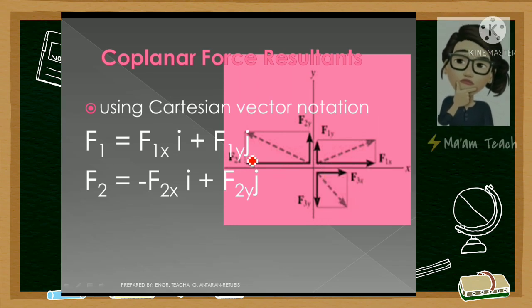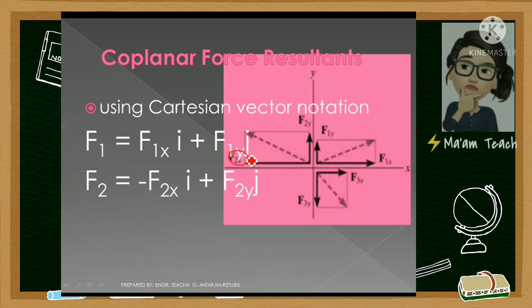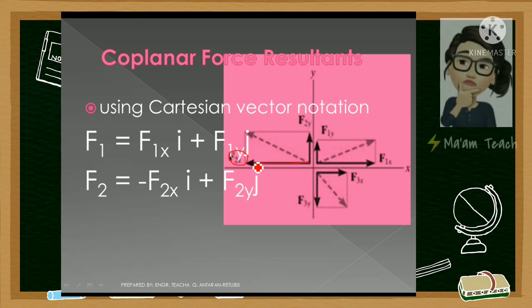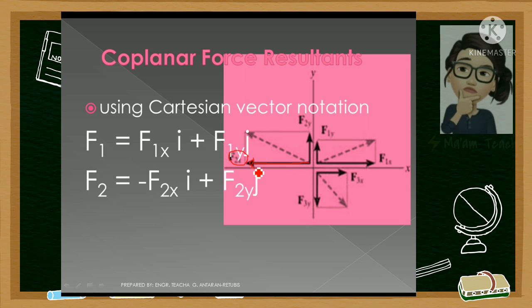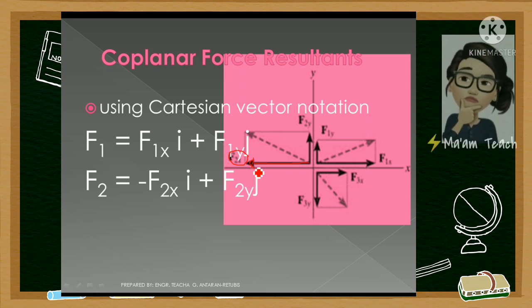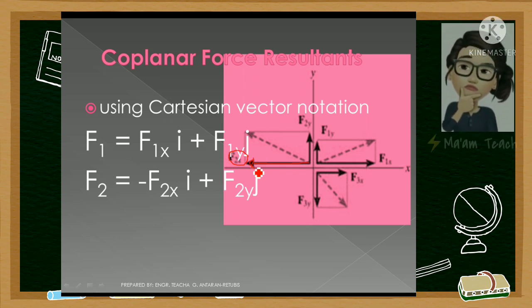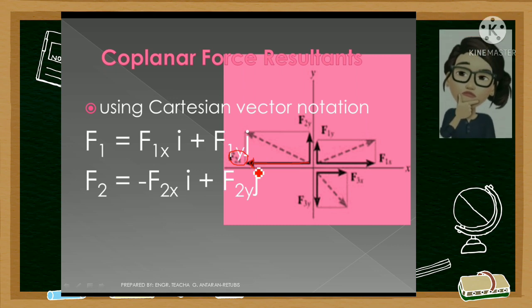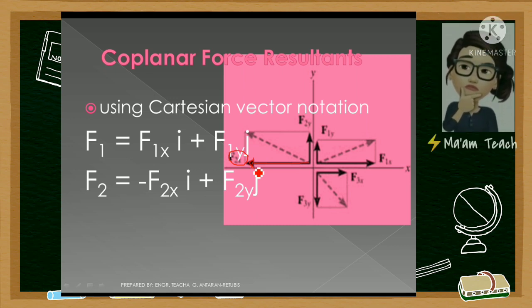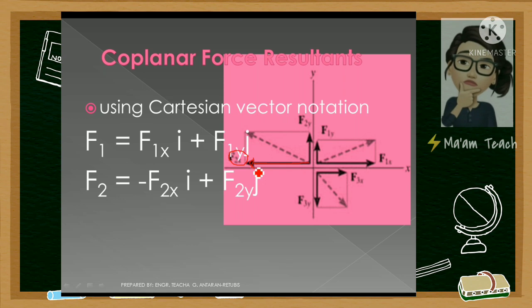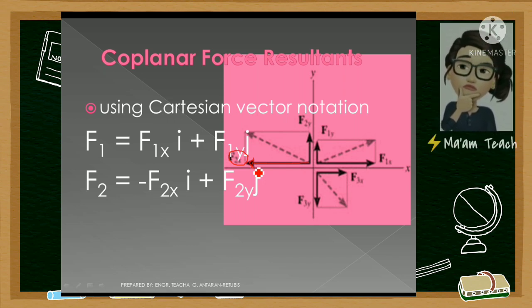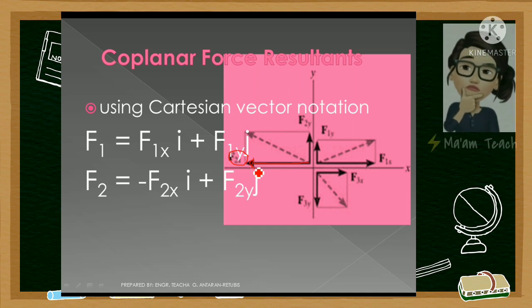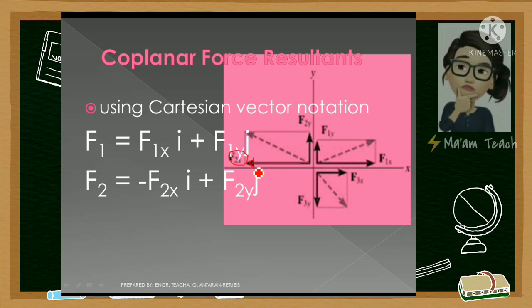F sub 2x is towards the left. What we said in our previous discussion is very important: we must bring the direction of each of the components, or the signs rather. If they are going to the left or downward, we need to put a negative sign. But if they are upward and to the right, then they are just positive.